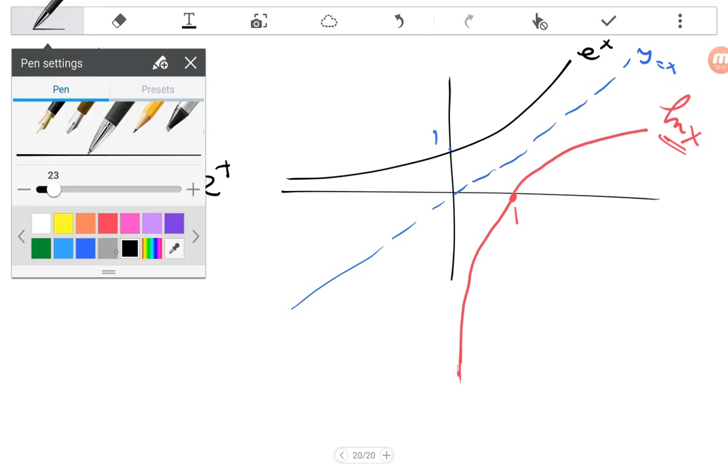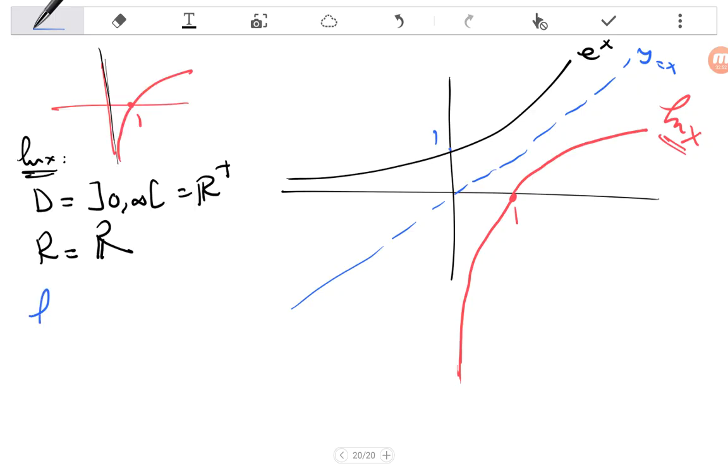Okay, now what about ln of 0? Ln of 0 is equal to 1, and that is a general rule. Log base a of 0 is always equal to 1. Why?